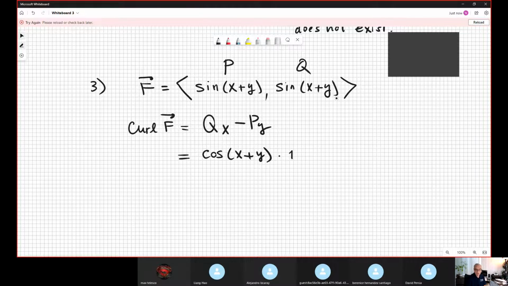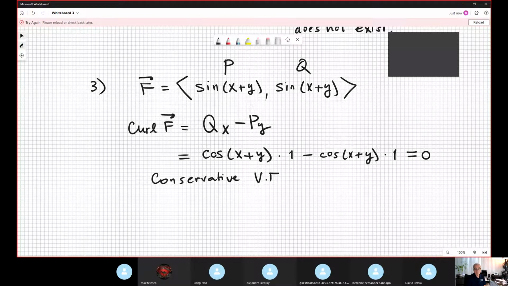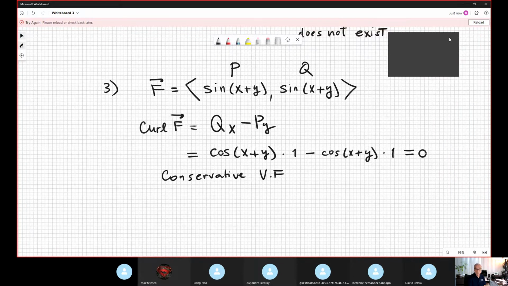And the partial derivative of P with respect to y is exactly the same: cosine of x plus y times 1. It's identical. The answer is 0. Cool. Therefore, it is a conservative vector field and the potential function exists. I want to find it right now.